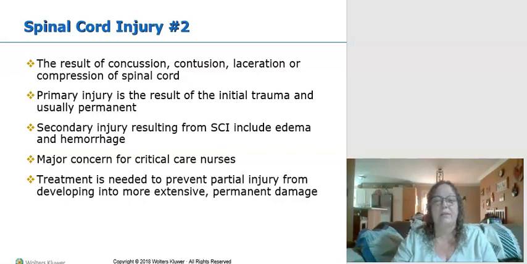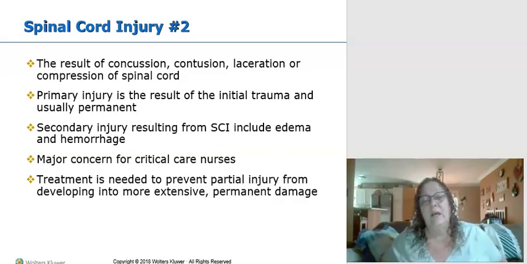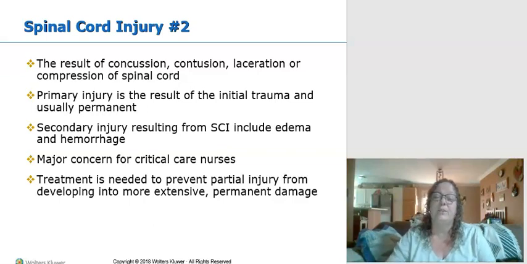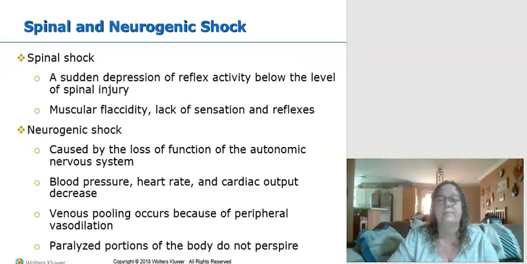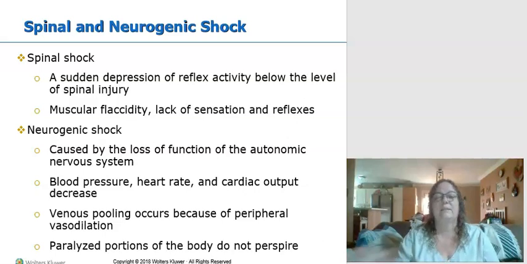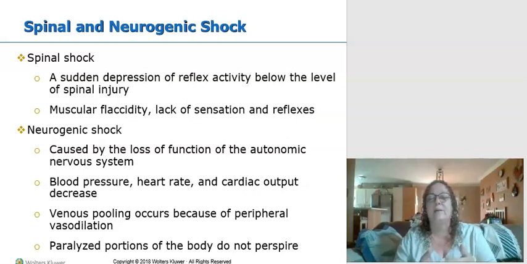Spinal cord injuries are a major concern for critical care nurses. Treatment is needed to prevent partial injury from developing into a more extensive permanent damage. So all our treatments are aimed at preventing that secondary injury or dealing with it quickly. So spinal shock, this is a sudden depression of reflex activity below the level of the spinal injury.